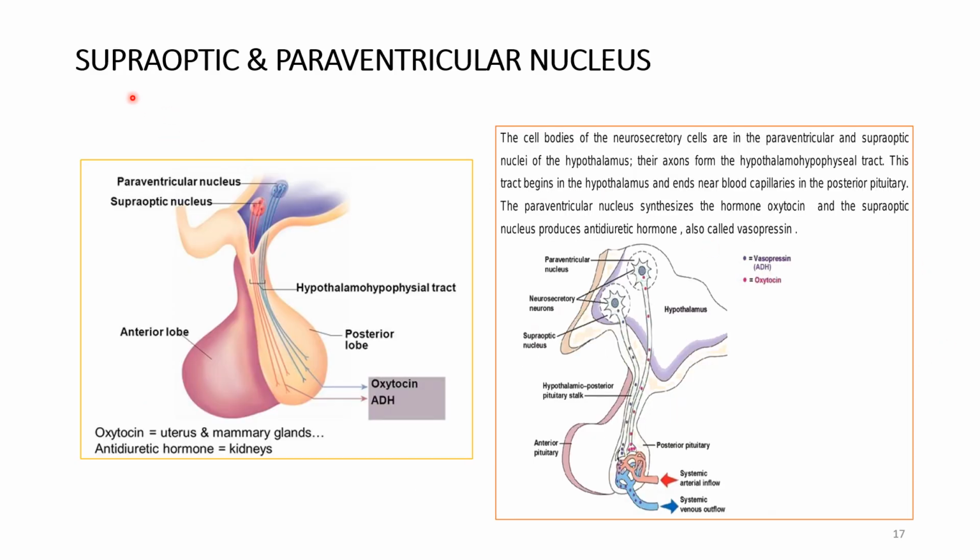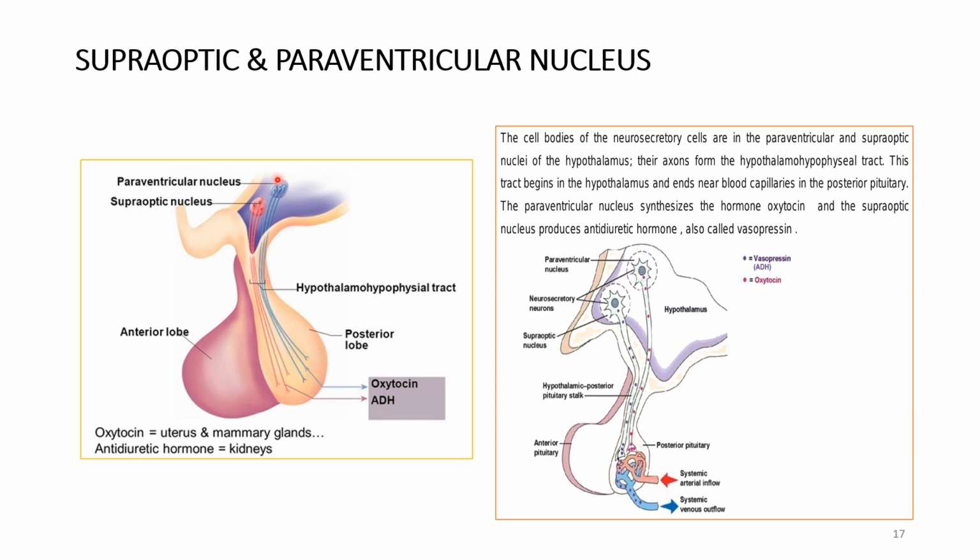Then coming to the supraoptic and paraventricular nucleus. This is supraoptic and this is paraventricular nucleus. This is the pituitary gland, anterior lobe and posterior lobe. The cell bodies of the neurosecretory cells are in the supraoptic and paraventricular nuclei of the hypothalamus.